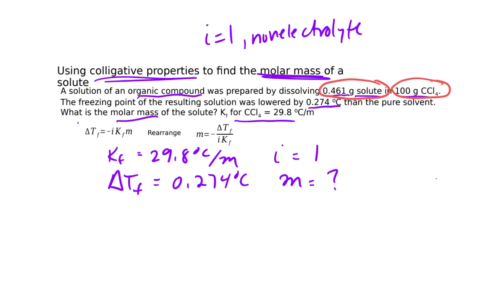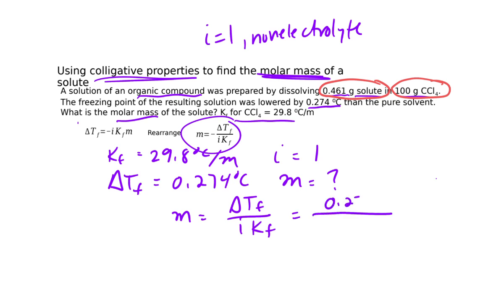Okay, we're going to rearrange our equation to solve for molality. m equals delta T F over i times K F. We're going to have 0.274 degrees C divided by 1 times 29.8 degrees C per molal. If we look at our units, we have 1 over molal, so our units, when we divide this out, are going to be in molality.